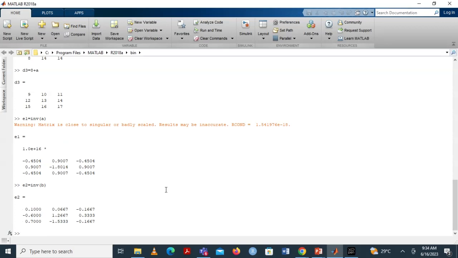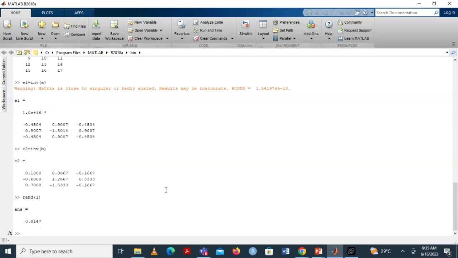If I want to generate a random matrix, I'll use a command called rand, R-A-N-D. If I type rand(m, n), it creates an m by n matrix. So now let's see, if I type rand(1), it will generate a single value.